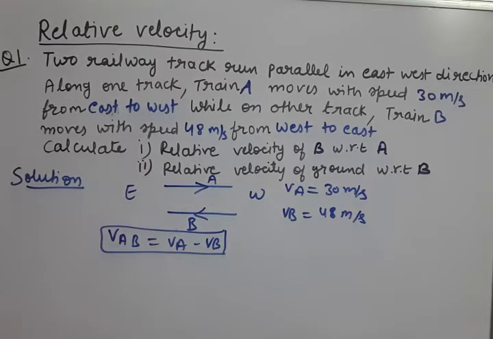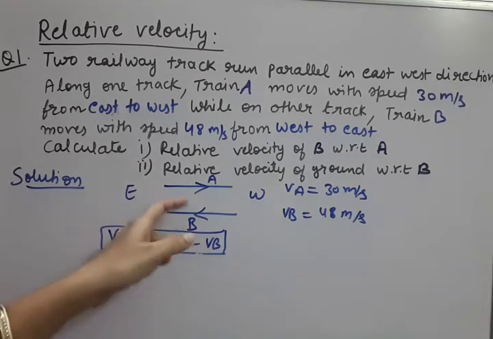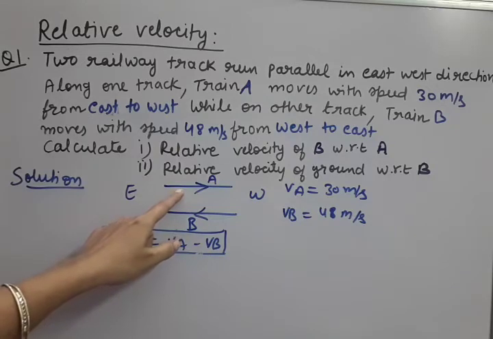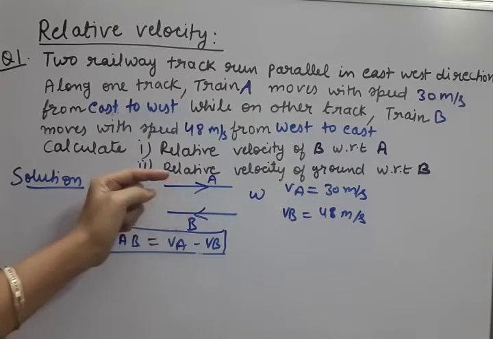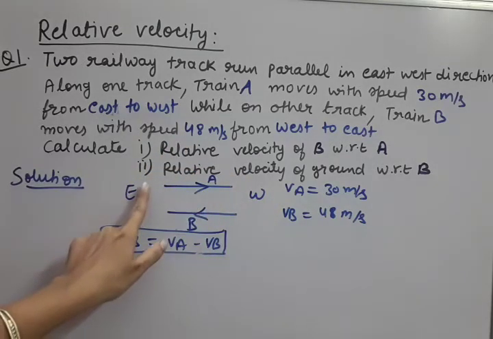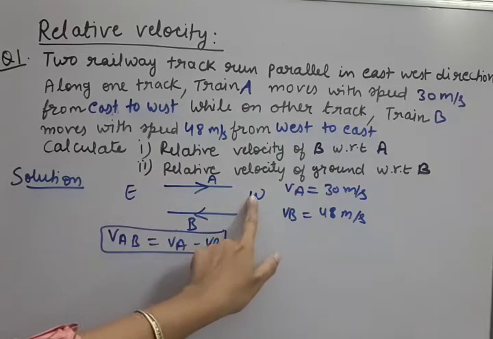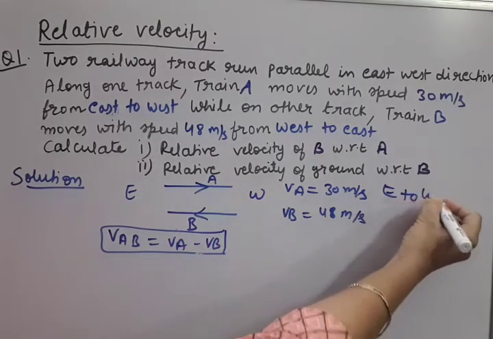First of all, this formula is mainly prepared for the same direction case. What we have to do in all such numericals is, first of all, prepare all the data in the same direction. Suppose train A is moving from east to west. Let us write it here, from east to west.